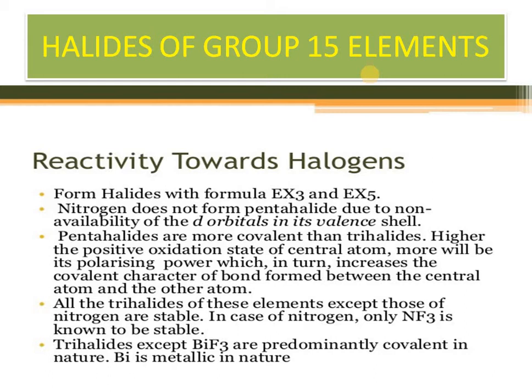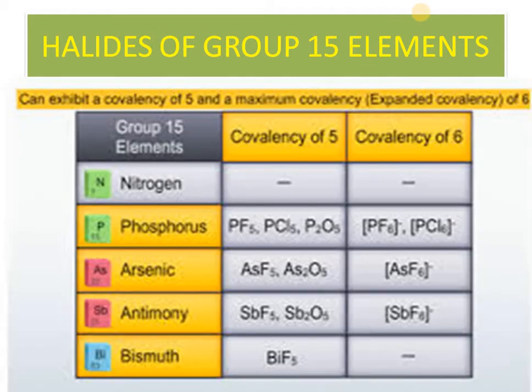Okay, so now next is bismuth. Bismuth is metallic. So if you are talking of covalent halides, let us say NCl3, PCl3, PCl5, and BiF3, that would be what? It would be ionic nature or least covalent nature. Why? Because metal halides are ionic in nature. Next is group 15 elements.